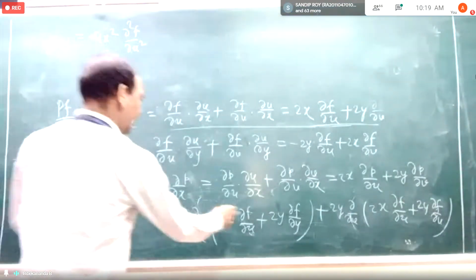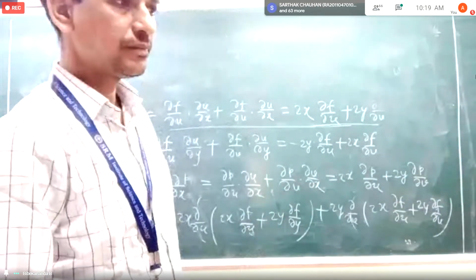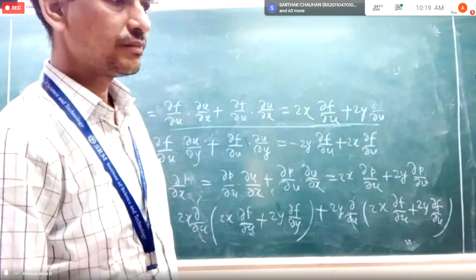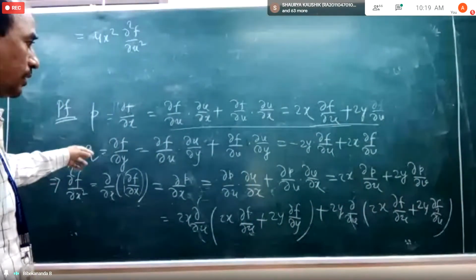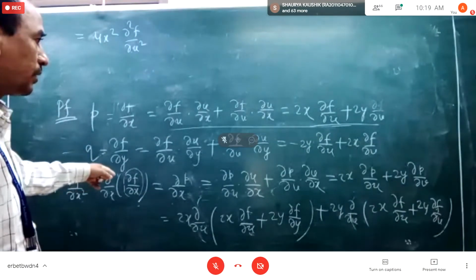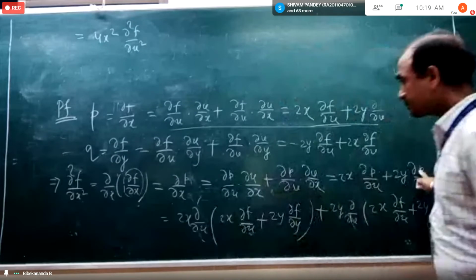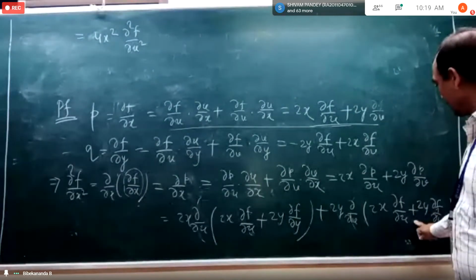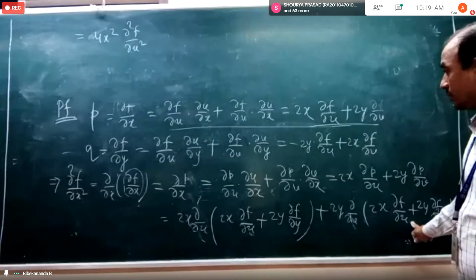And similarly, sir, in the second equation, it's like plus 2y into df by dv, right? Oh yeah. What is the thing? At the last statement, sir. This one. No, sir, before that.